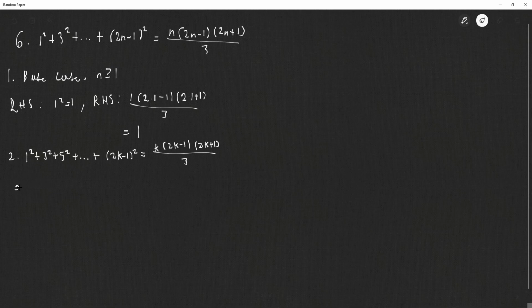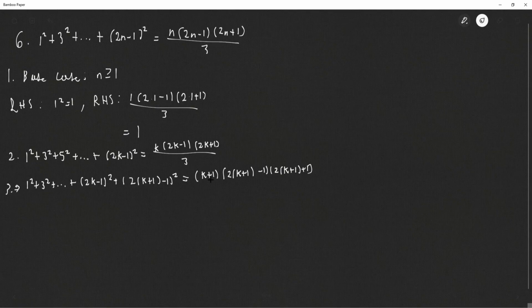And we want to prove this large equation of 1 squared plus 3 squared plus all the way up to 2k minus 1 squared plus 2 times k plus 1 minus 1 squared is equal to k plus 1 times 2 times k plus 1 minus 1 times 2 times k plus 1 plus 1 all divided by 3.